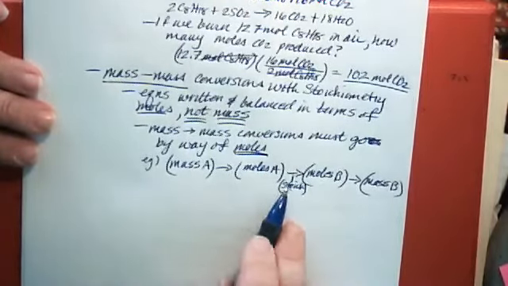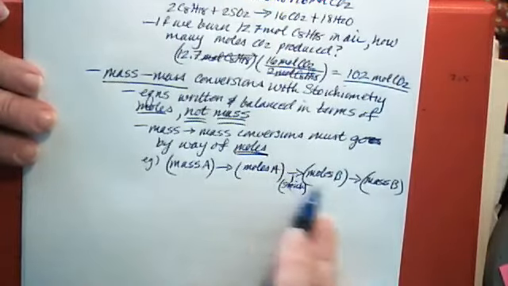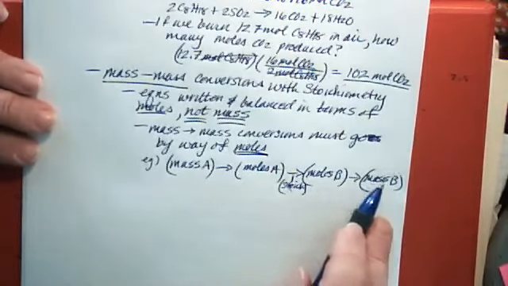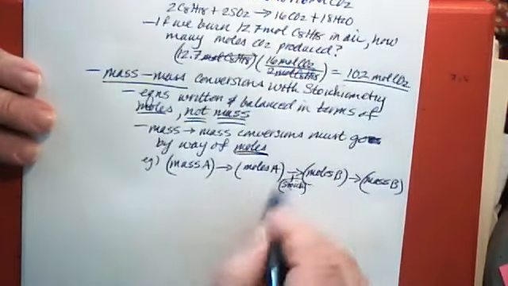The stoichiometry of the balanced equation plays no role in changing mass of A to moles of A, and no role in changing moles of B to mass of B. It's going from moles to moles where you use the stoichiometry.